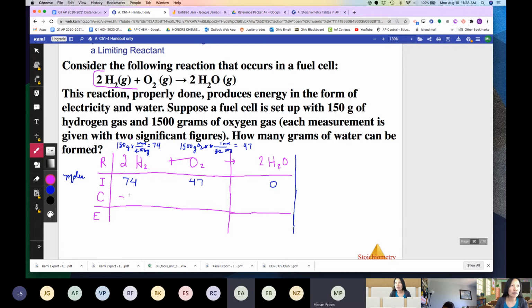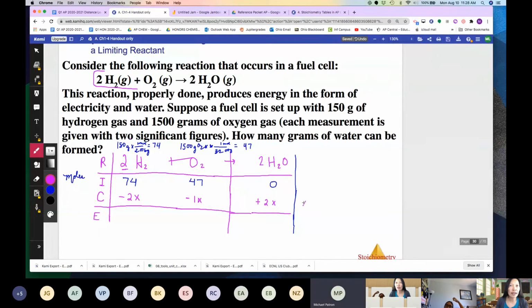Don't put a number, just put like this number right here. Oh, minus 2. Minus 2x. Put an x after it, okay? What's this one? Minus 1x. And this one? Plus 2x.